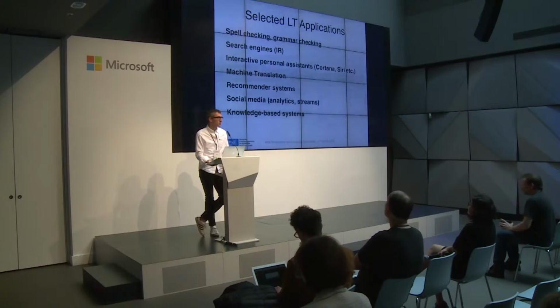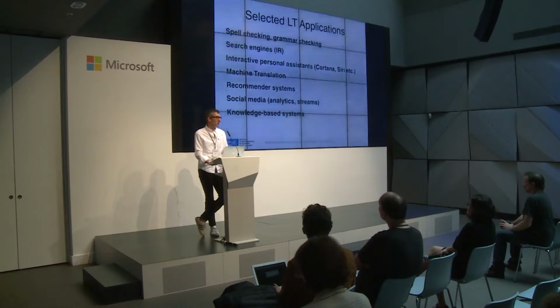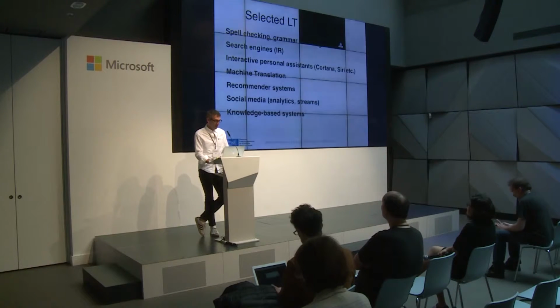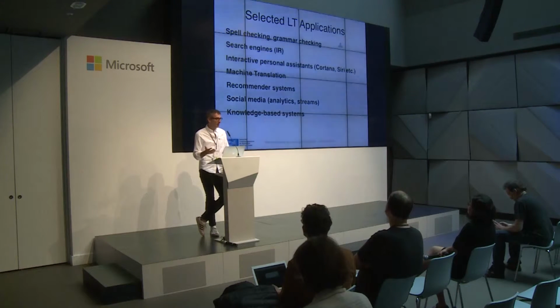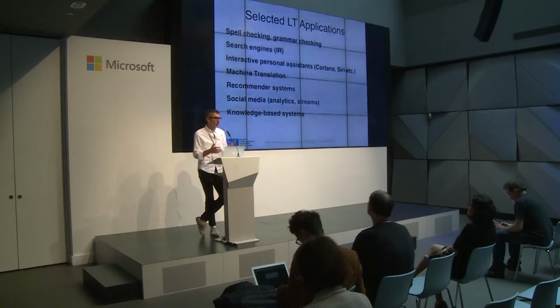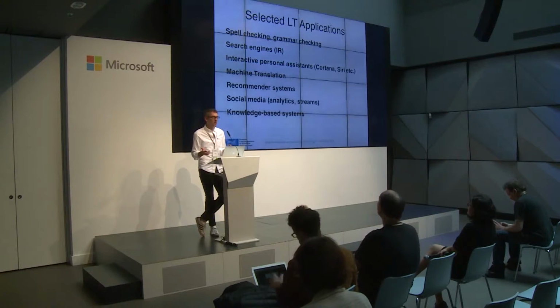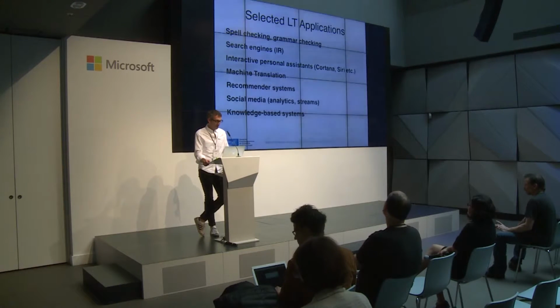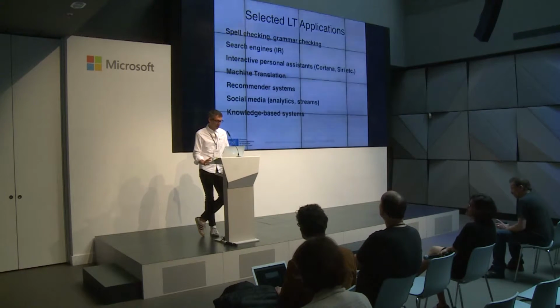So a couple of applications. People always like to say that language technology is IT's best kept secret because it usually operates behind the screen and behind the scenes. Spell checking, grammar checking is obvious. Search engines, by now Google, we can say that Google is a language technology company because there is so much language technology involved in Google itself under the hood that it is, to a certain extent, just that.